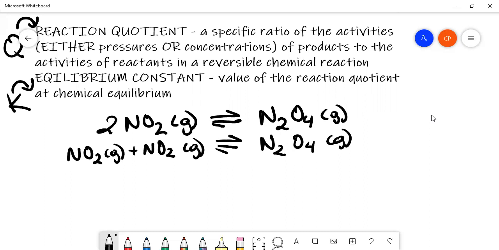The reaction quotient for this reaction is a ratio of activities of products to reactants. Let me write a concentration reaction quotient for this reaction.